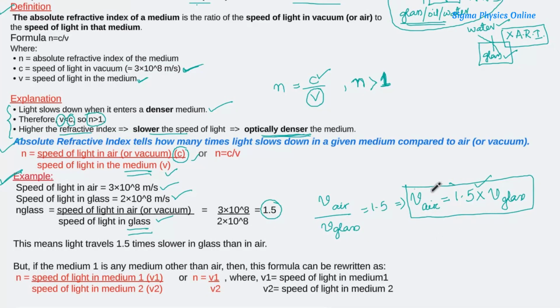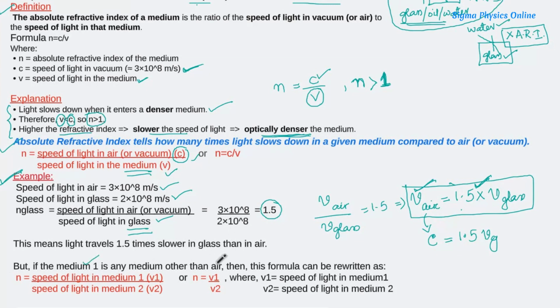So, the speed of light in air is 1.5 times more than in glass, or we can say that light travels 1.5 times slower in glass than in air. So, for this, we write c is equal to 1.5 Vg. I hope you have understood this formula now.